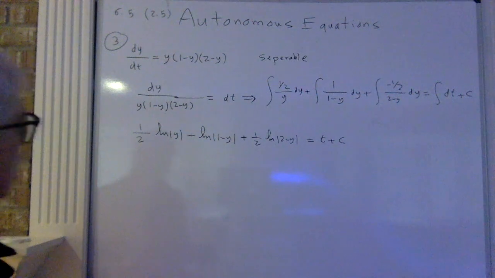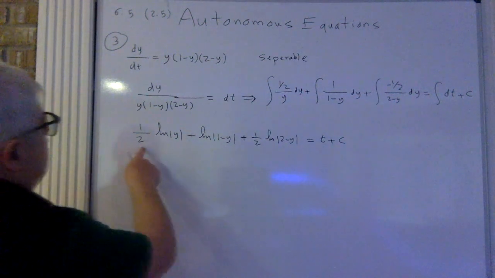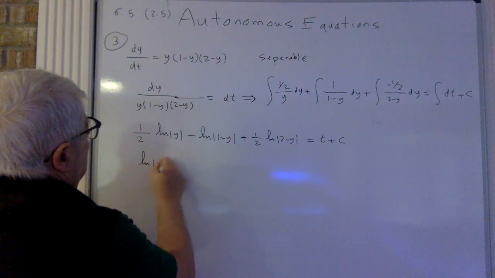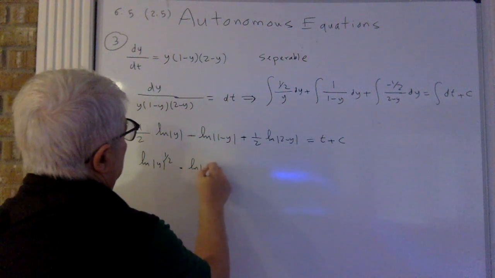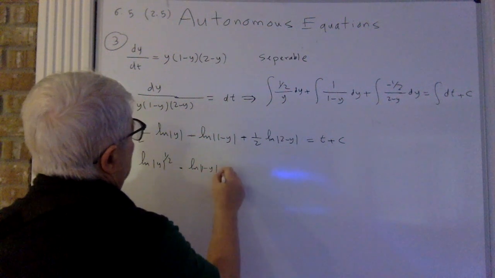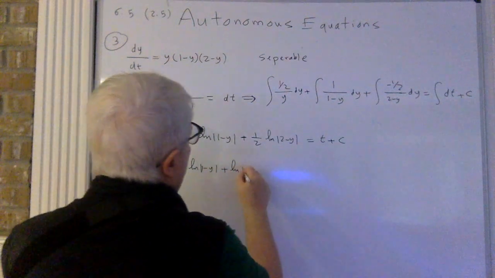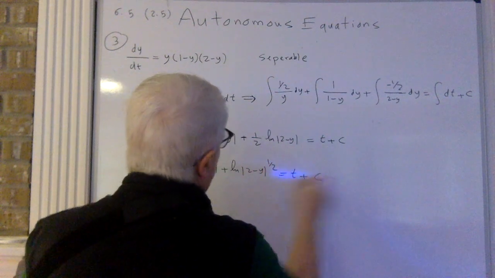Now you might say, okay, let's put them together. If I want to put them together, then this 1/2 should come here. So I have ln of y to the power 1/2 minus ln of 1 minus y plus ln of 2 minus y to the power of 1/2, and that's t plus c.